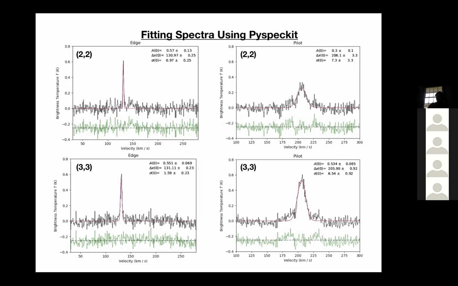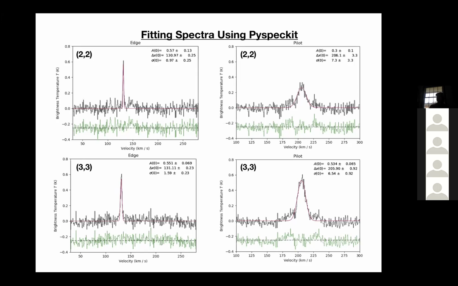Mm-hmm. Yeah, so one of the things that we wanted to do with our spectra would be to fit using a fitting algorithm. In my case, I used the Python program PySpeckit. So these spectra here were fit using just a single Gaussian, just to keep it simple. With the 1-1 transition, we might have the hyperfine components that could be contributing to the fitting, or basically the profile.